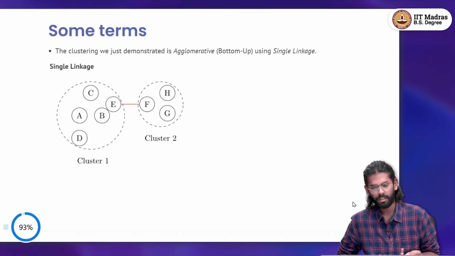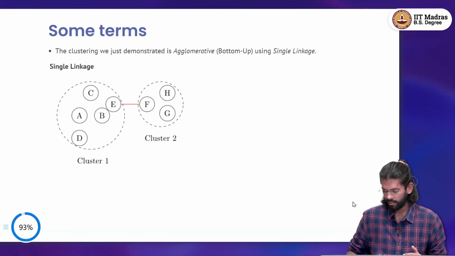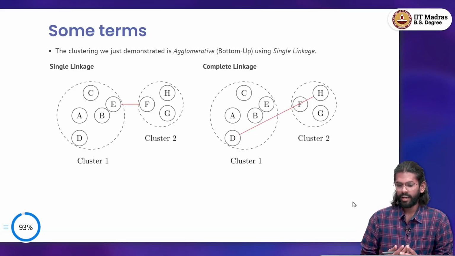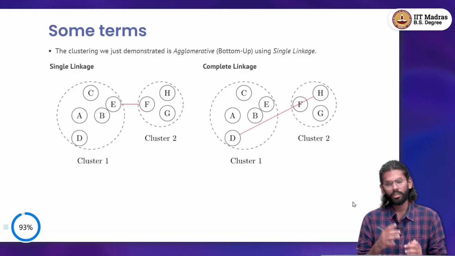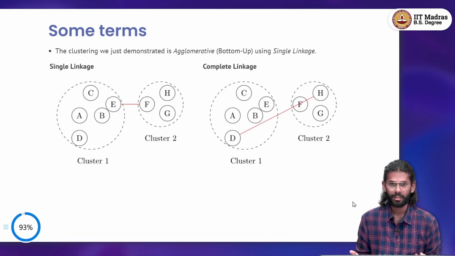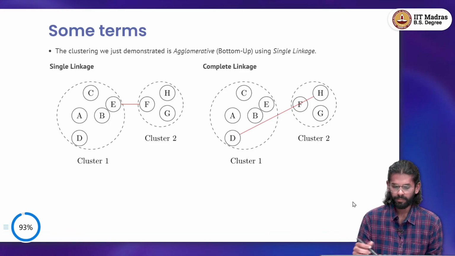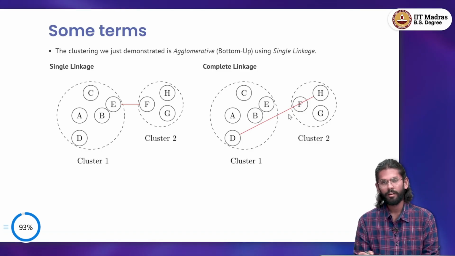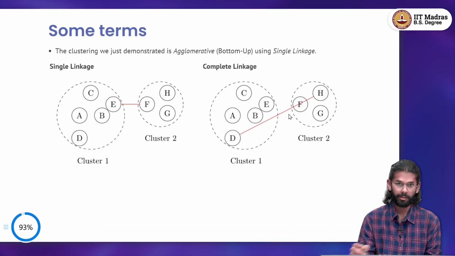Whereas there is another metric that we can use to combine these clusters. There are various metrics, and this one is called complete linkage, where instead of using the distance that's the smallest between these two clusters, we will consider the distance that's the farthest between these two clusters. So in this example, we see that the distance between D and H is the farthest among all the possible 15 distances that you can obtain from these two clusters.